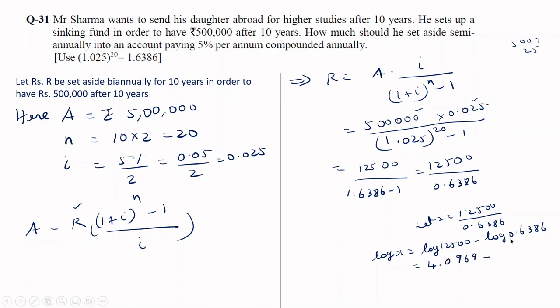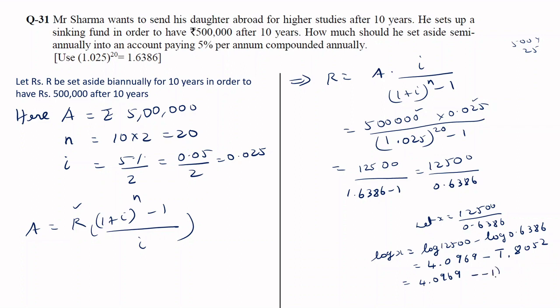Minus, for log 0.6386 it is bar 1 point, we have to look along row 63 then column 8 and then we have to add the mean difference. So it is 8052.